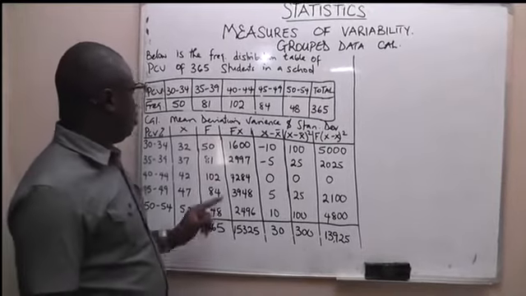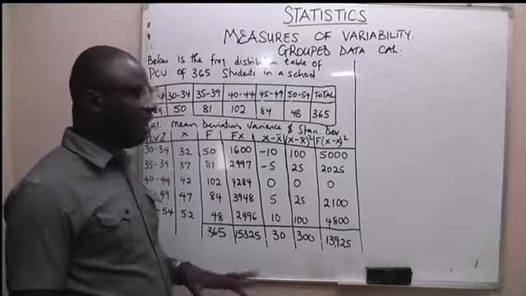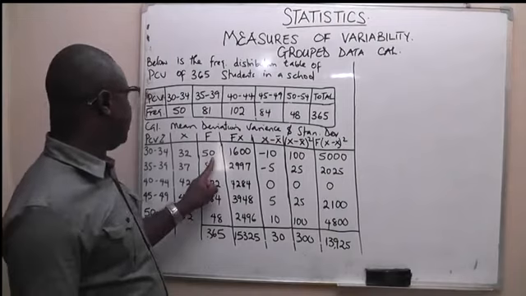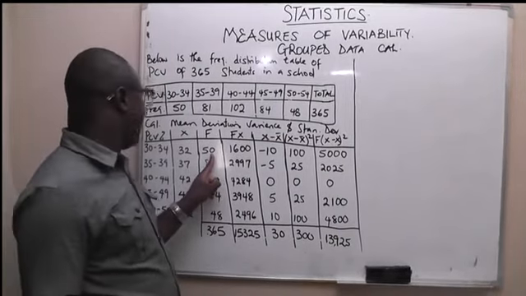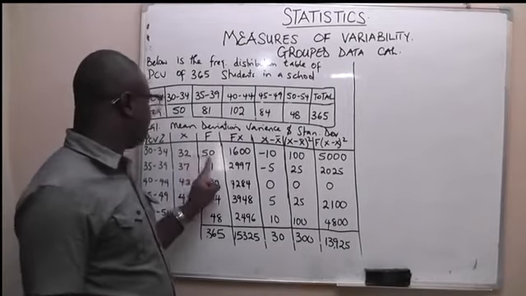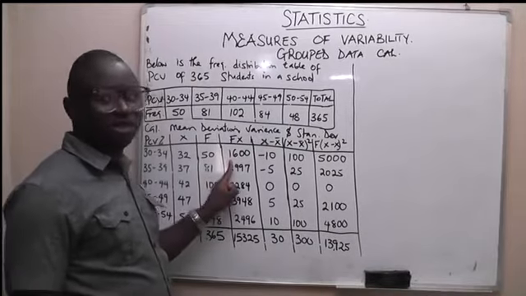Now, the next column is going to be fx, and fx means f multiplied by x. Our f here is 50, and our x here is 32. If you multiply these two, you get 1,600.